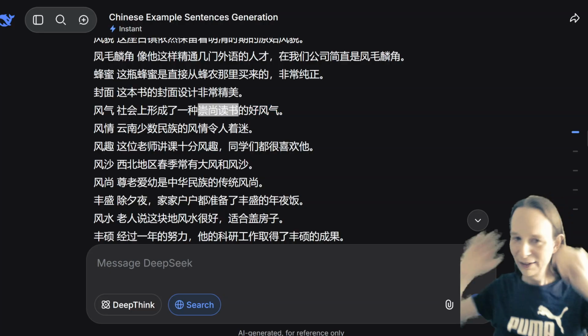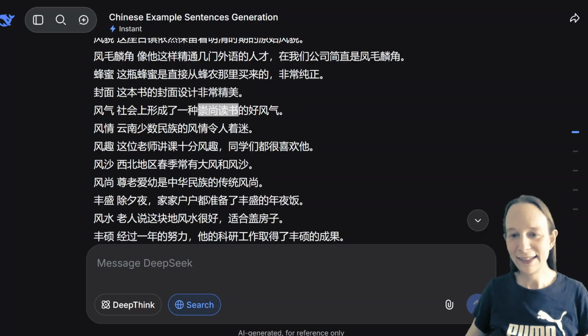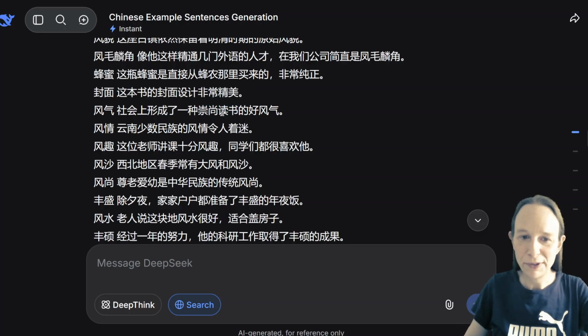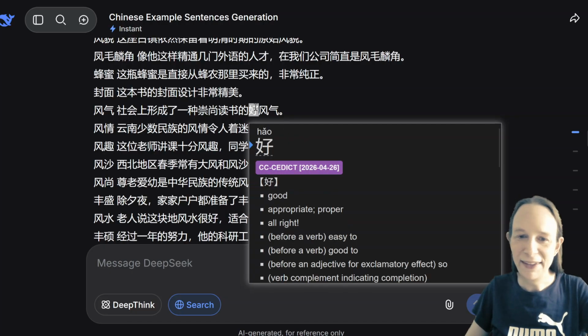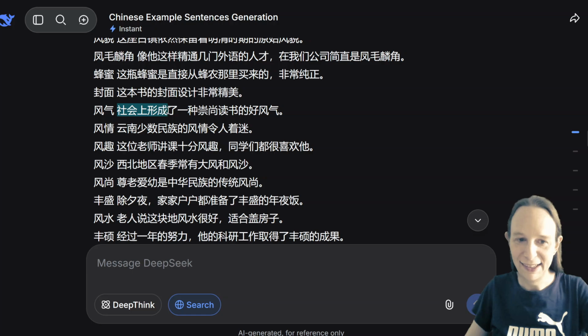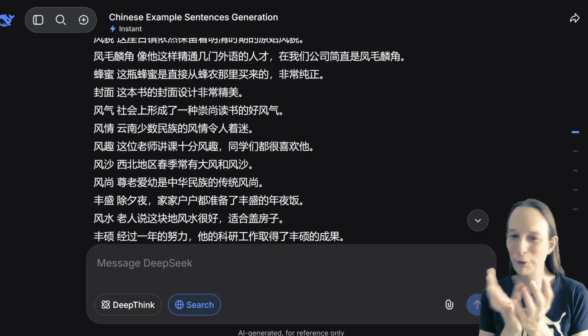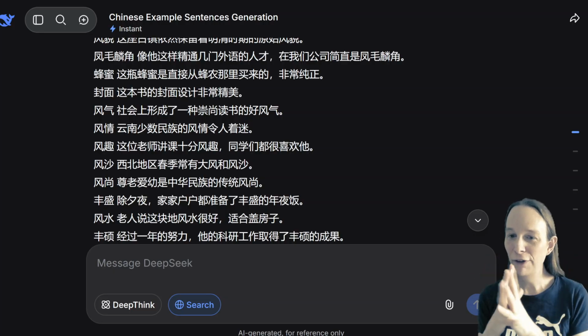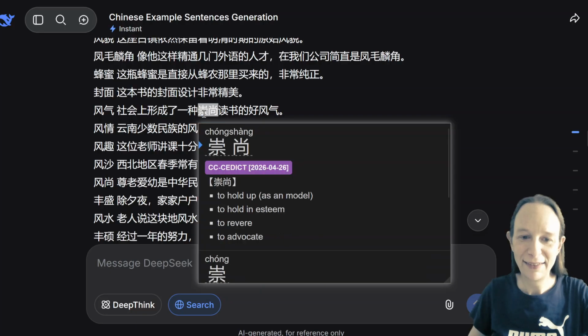Okay, so 崇尚 would be to hold in high esteem, reading books in this example. So this is the atmosphere. Society has formed an atmosphere where we revere reading books or something like this.